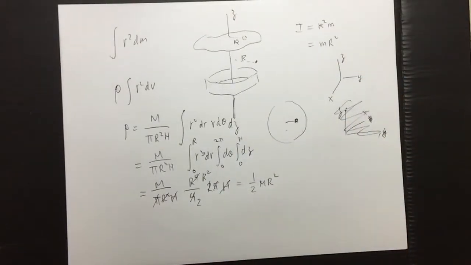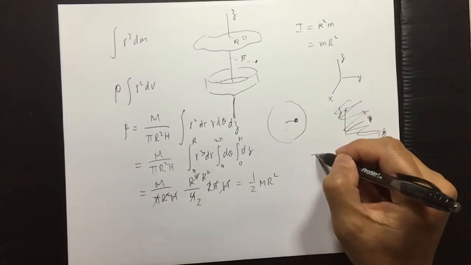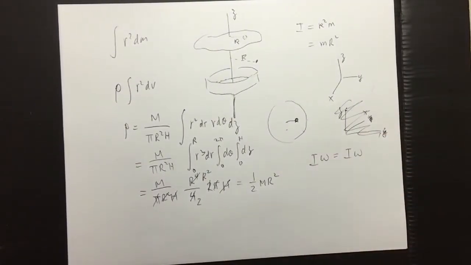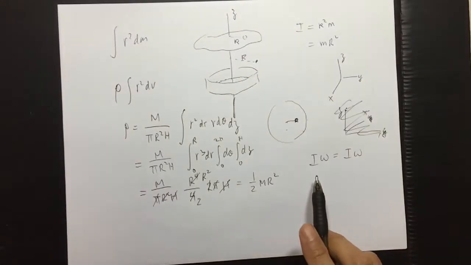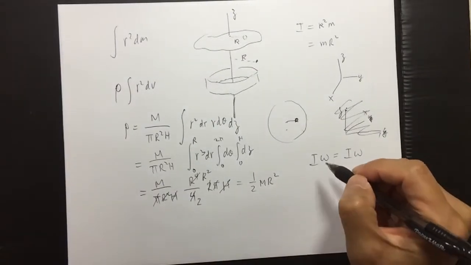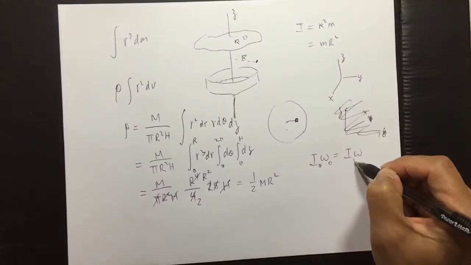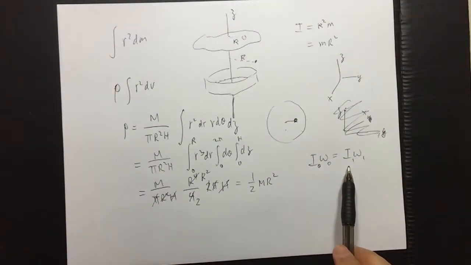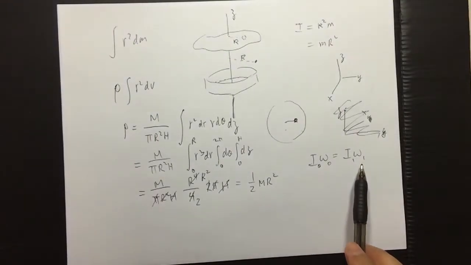We just said that the angular momentum is conserved, right? I omega equals I omega. Let's say this is 0, this is 1. If you can change the inertia, you change the angular speed.